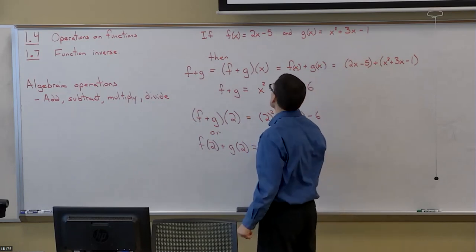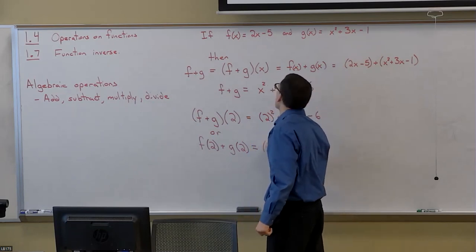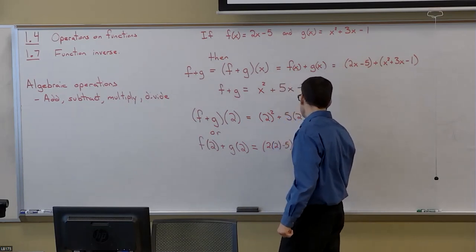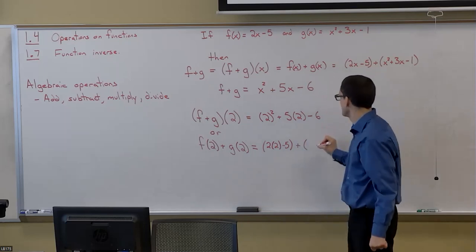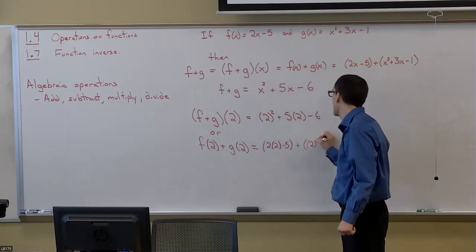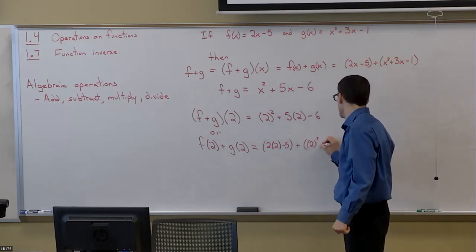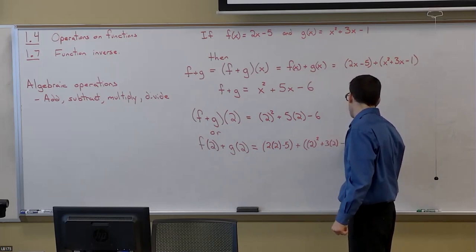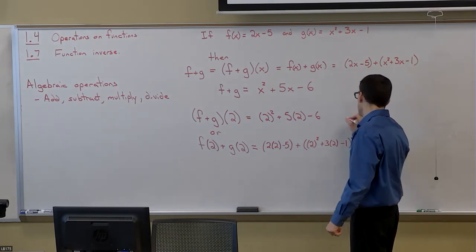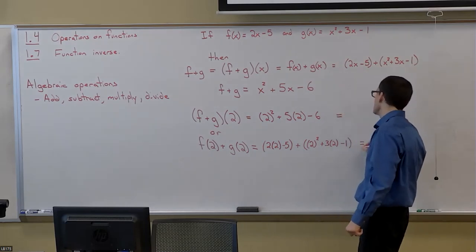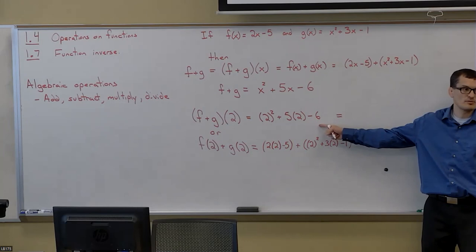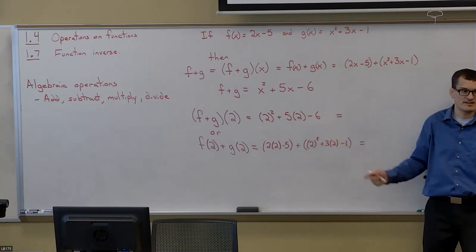You're going to get the same thing in the end. And you can kind of see that if you're going to be plugging in lots and lots of different inputs, this is probably going to be an easier one to plug into.